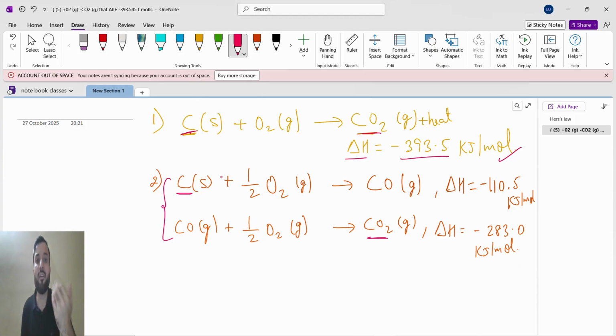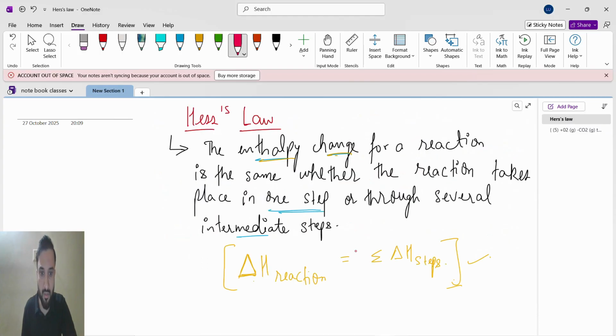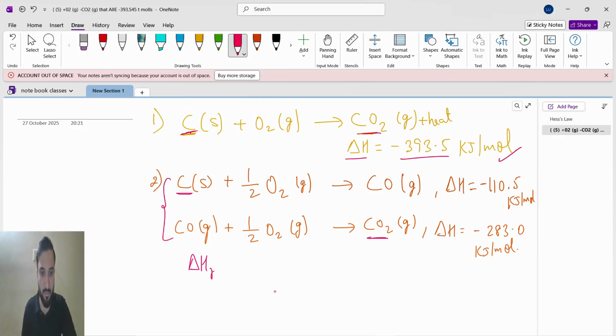This time we have taken several steps, maybe 2, maybe next time 3 or 4 steps. Here several steps means 2 steps. So we have to find the final reaction. Enthalpy of reaction means you have to take the sum of the enthalpy of every step.